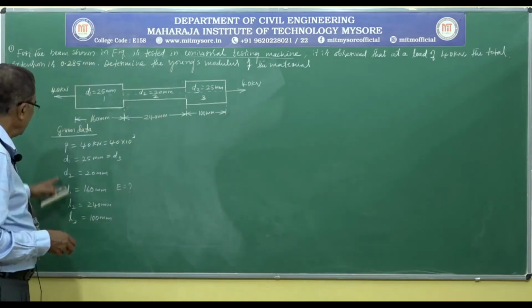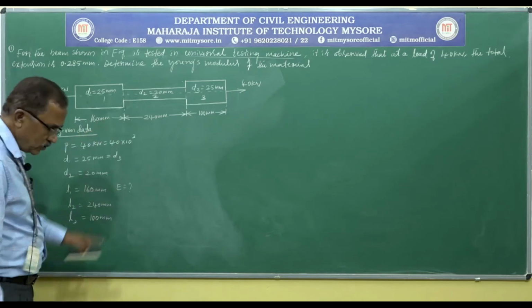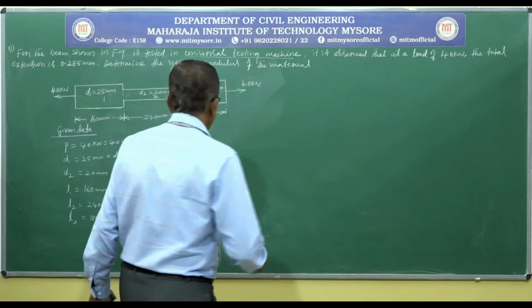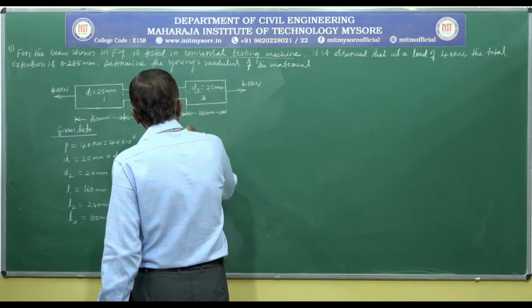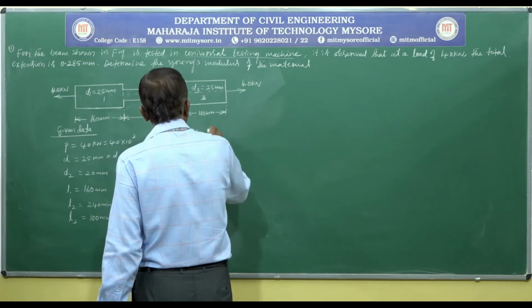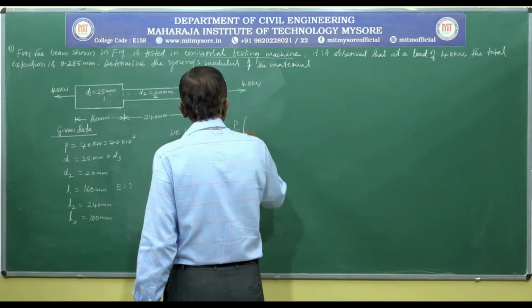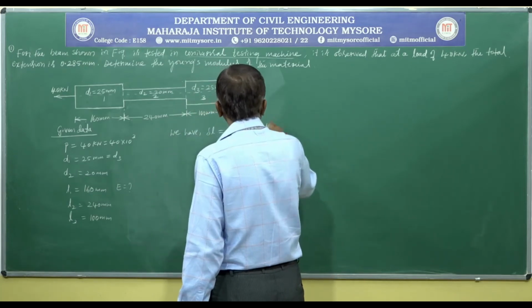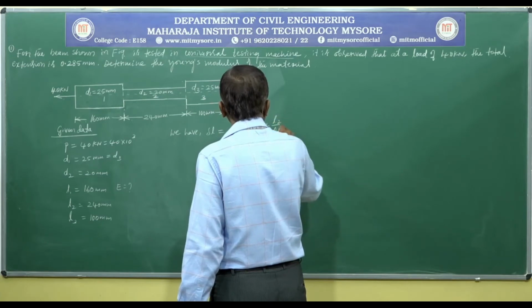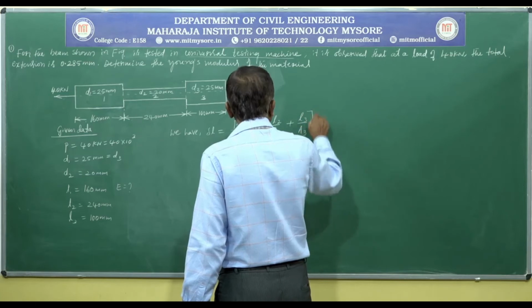Now, asked to calculate Young's modulus. To calculate Young's modulus we have the expression for total change in length: delta L is equal to P by E into L1 by A1 plus L2 by A2 plus L3 by A3.